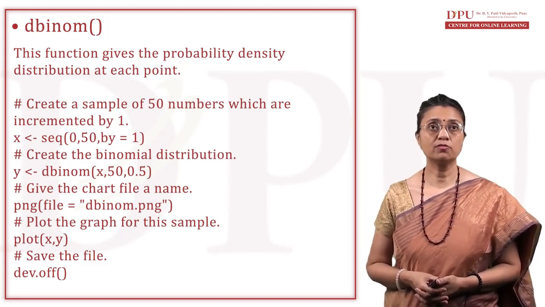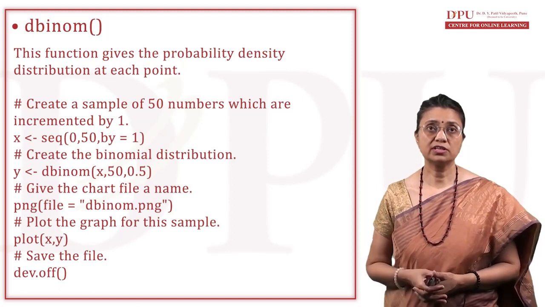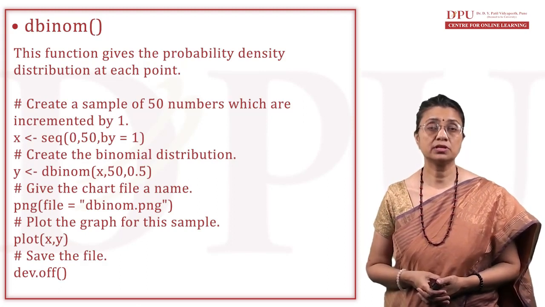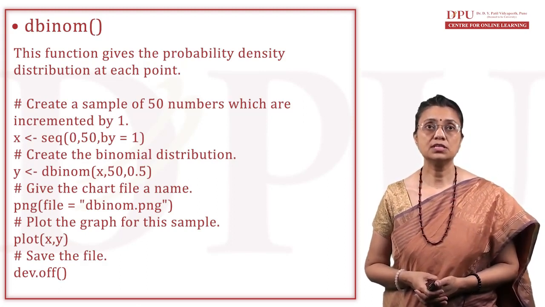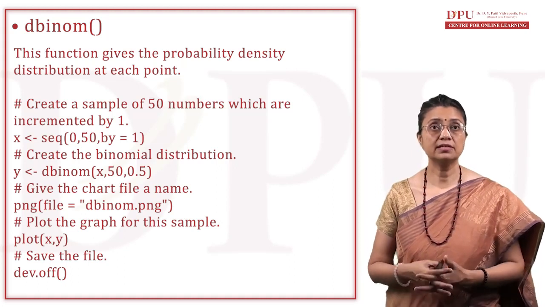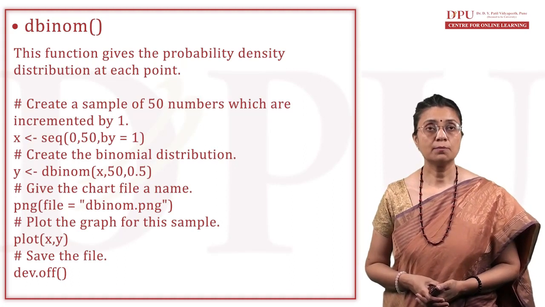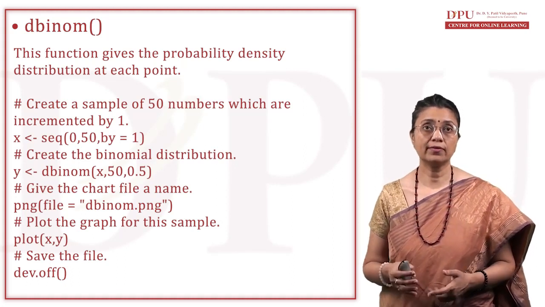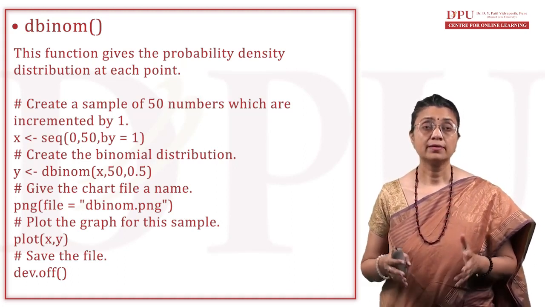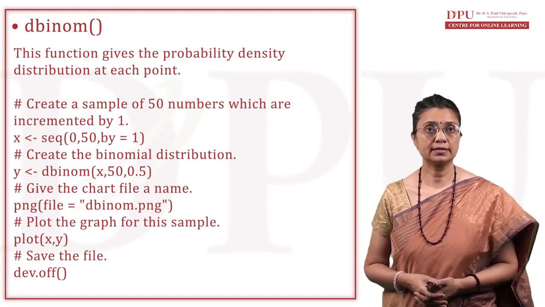Now, the dbinom function gives the probability density distribution at each point. You can see over here that we have created a sample of 50 numbers which are incremented by 1. So numbers are ranging from 0 to 50 and they are incremented by 1. That sequence is stored in variable x.